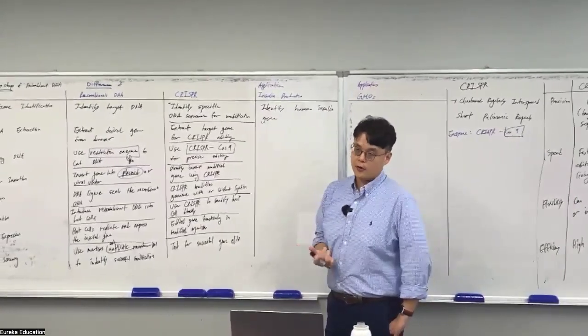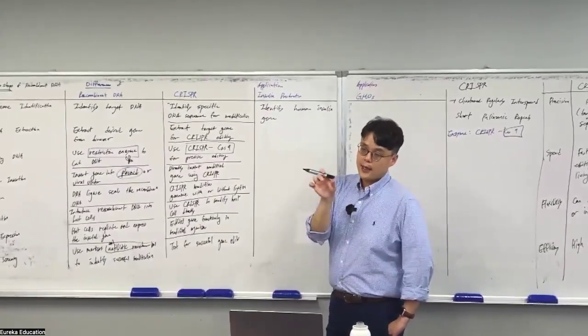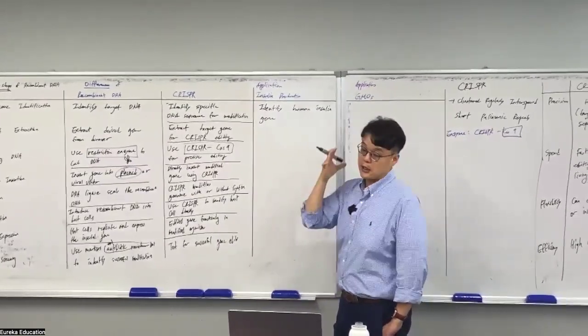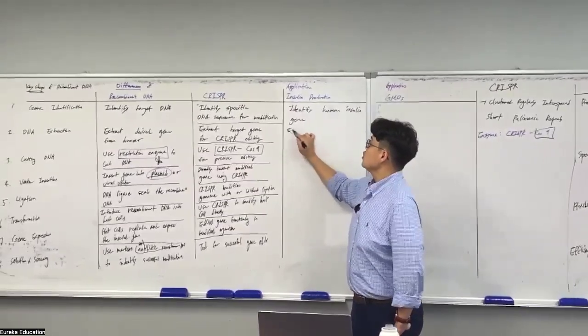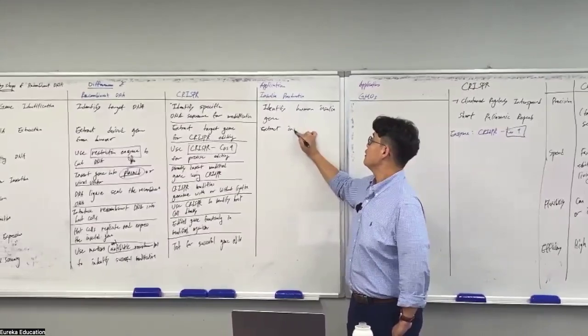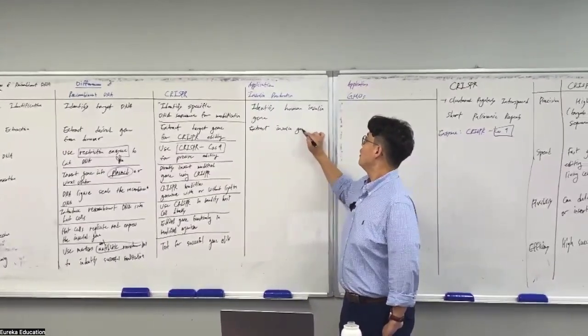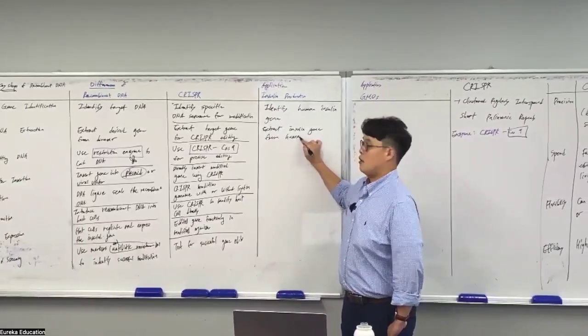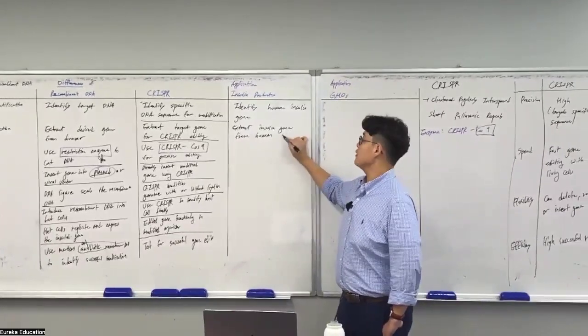Basically, researchers will identify the specific gene, the section of DNA that takes place in producing insulin, and what we do is extract the insulin gene from human DNA.